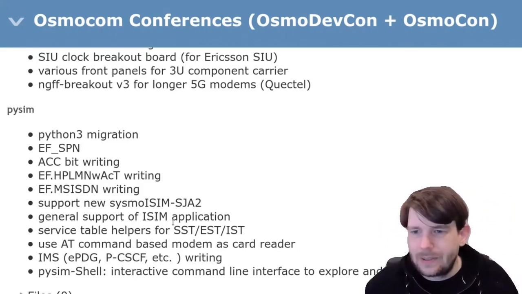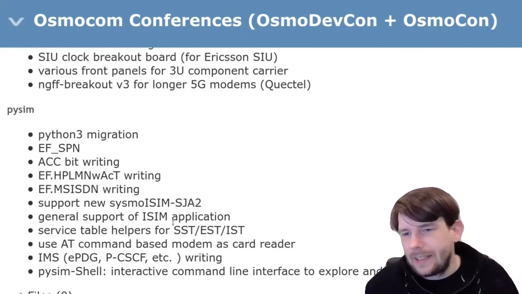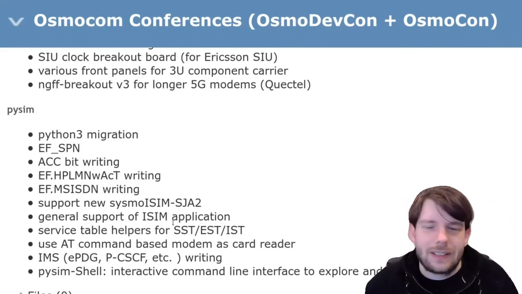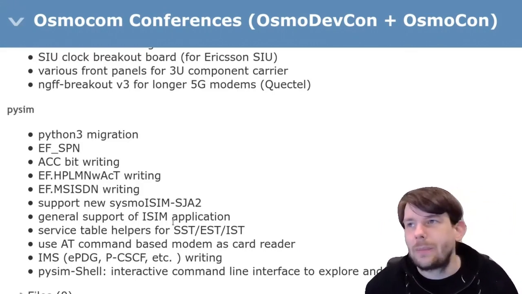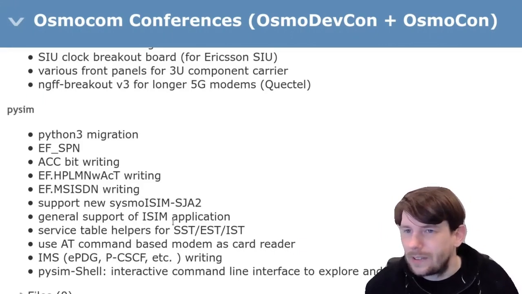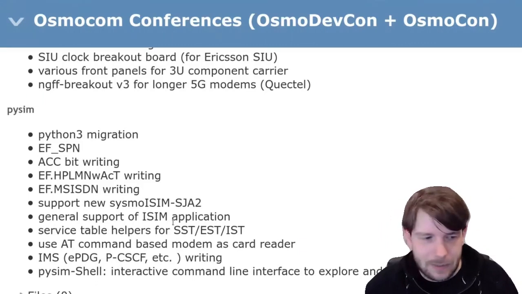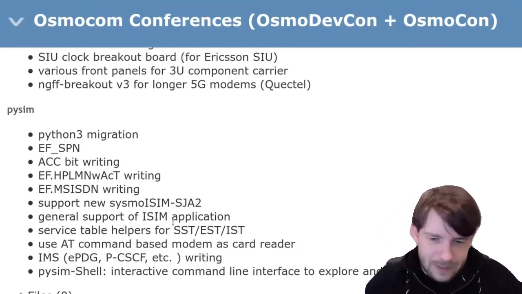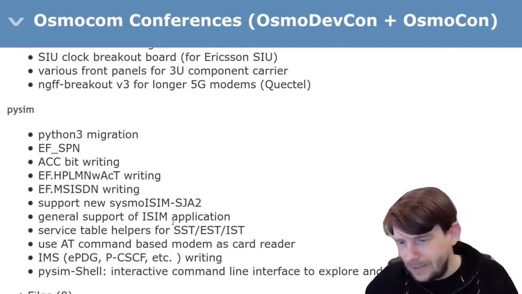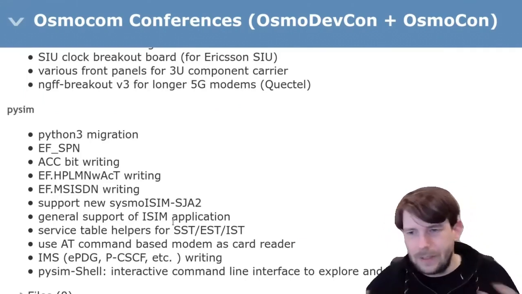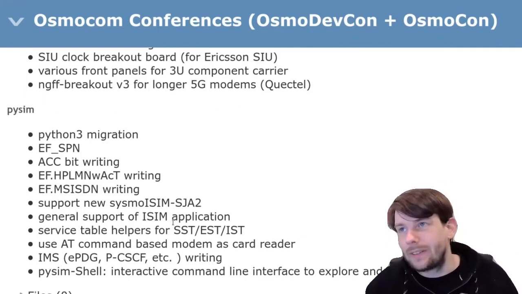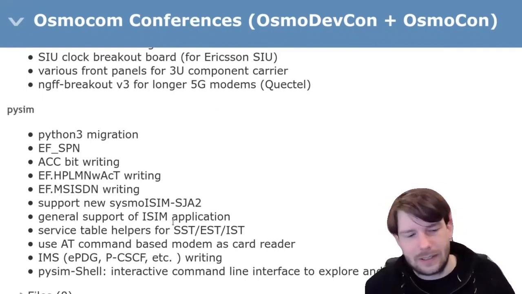OpenBSC was started in 2008. Before that, let's say the 2008 to 2018 timeframe was mostly about implementing functionality at all, like making the GSM network work at all, implementing the minimum necessary parts, then first implementing all of it together in OsmoNITB, then separating all the parts, implementing all the interfaces, breaking it out, but still very functionality oriented.